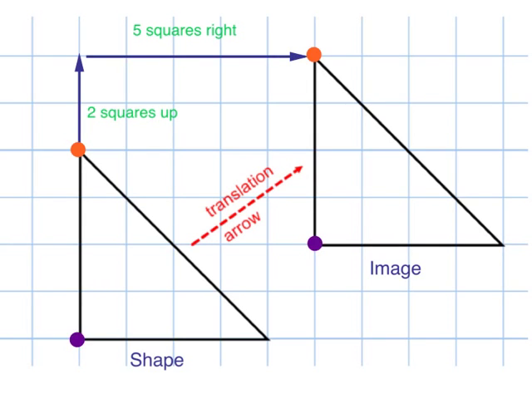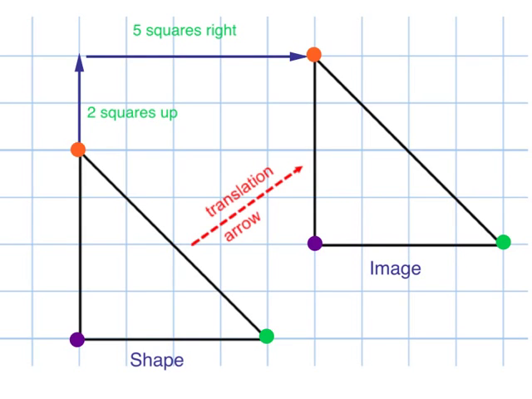If we look at this bottom vertex, which we've put purple dots on, we can see that this vertex also moved 2 squares up and 5 squares to the right. And finally, if we look at the last vertex, we see it did the exact same thing: 2 squares up, 5 squares to the right.